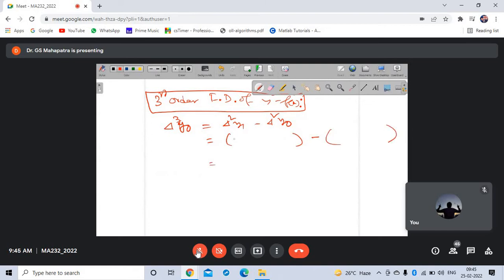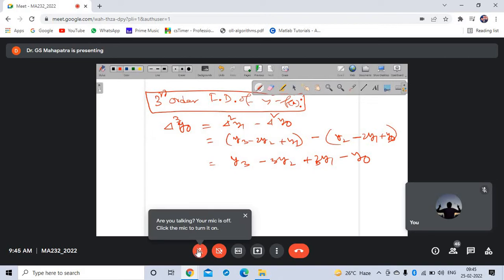So del 2y1 is y3 minus 2y2 plus y1, and del 2y0 is y2 minus 2y1 plus y0. Correct. So if you simplify it, then it will be y3 minus 3y2 plus 3y1 minus y0.